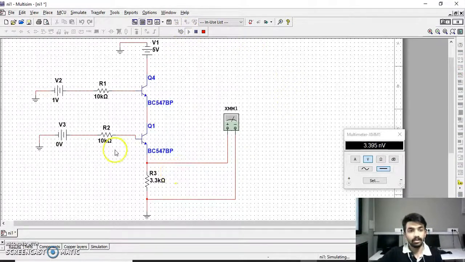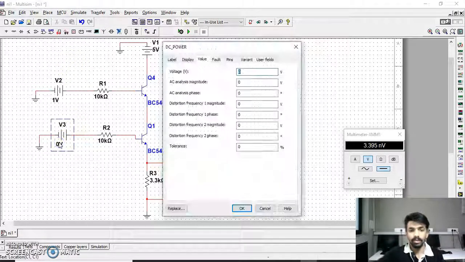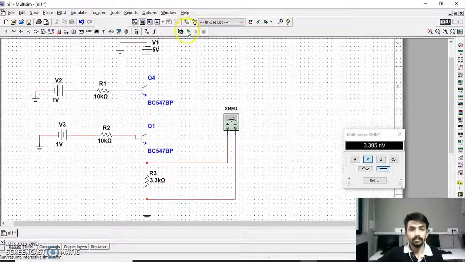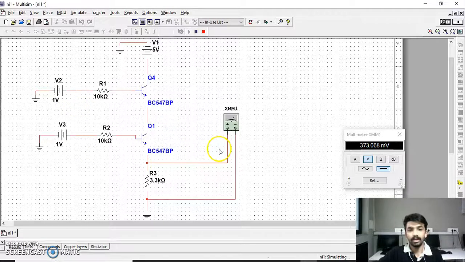Then also we are getting 0 volt. So now at last we are trying to give high voltage at both terminals. When we give high voltage, we get the output at approximately 373 millivolts.